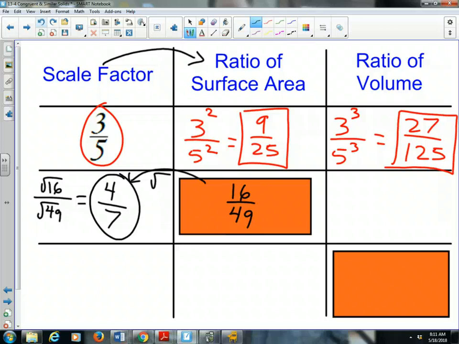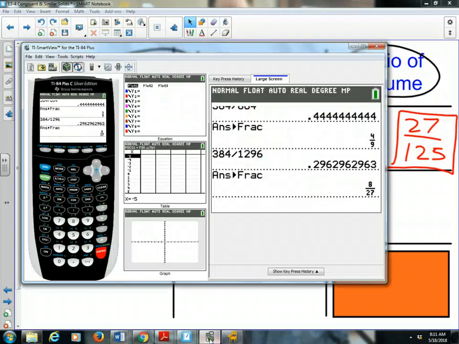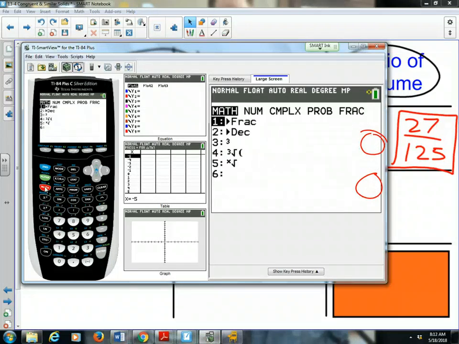So now if I want to get back to volume, I cube the scale factor. So 4 cubed over 7 cubed. 4 times 4 times 4, you could just multiply that in your calculator, or if you didn't know where the cube button is, I can go to math, and the cubed is that number 3 right there.